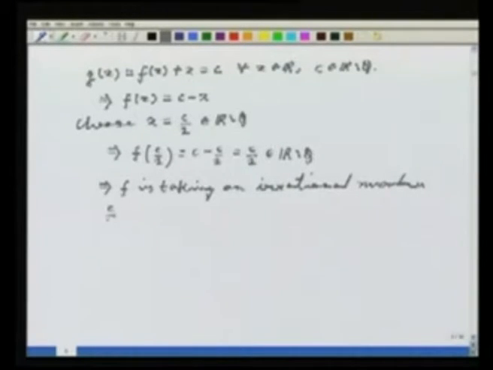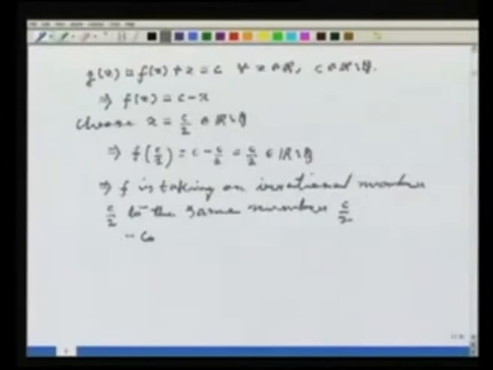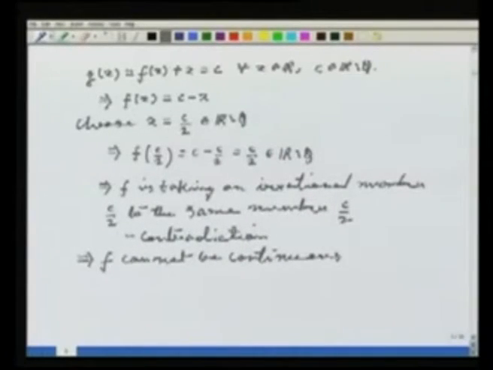But that is contradicting the defining property of F. We said that F takes rationals to irrationals and irrationals to rationals. So this is a contradiction, which implies F cannot be continuous. That solves our problem. Okay.